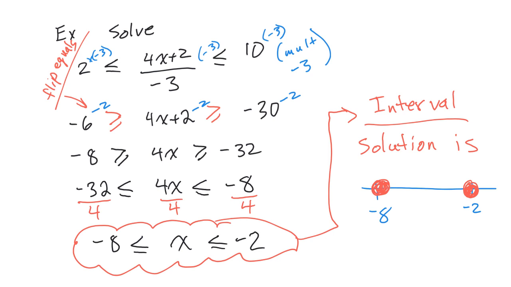And because x is less than or equal to negative 2, you've got a line going this way. And because x is greater than or equal to negative 8, you've got another line going this way. What that forces us to do is join those two lines and show that all the points are between these two values. So you could literally say that this is your solution.